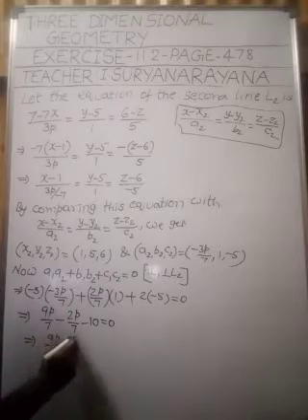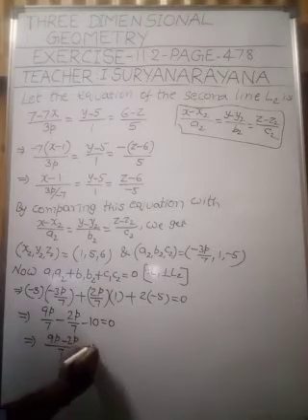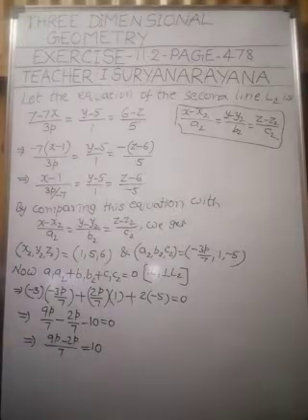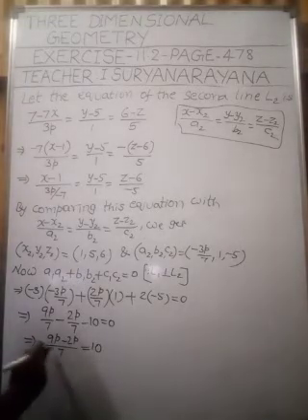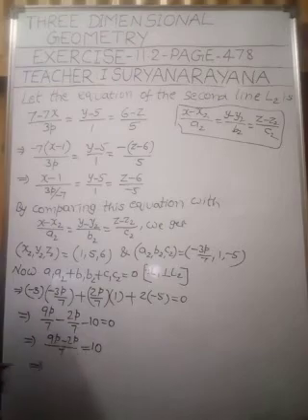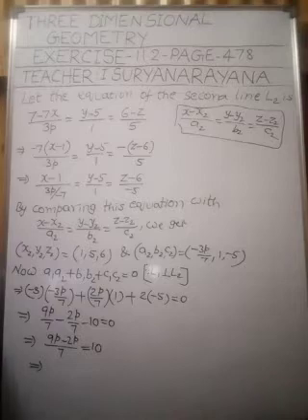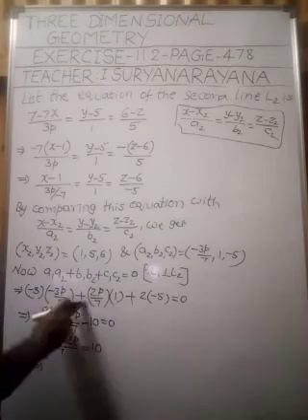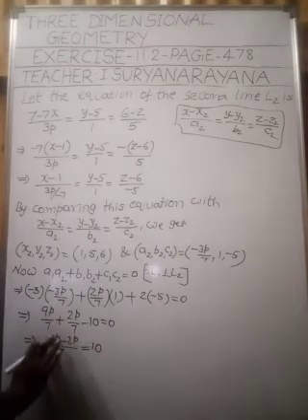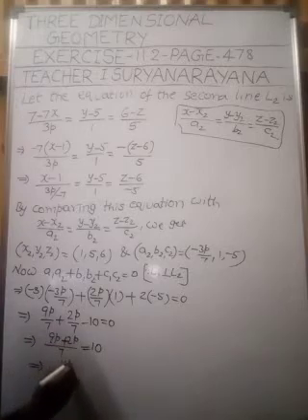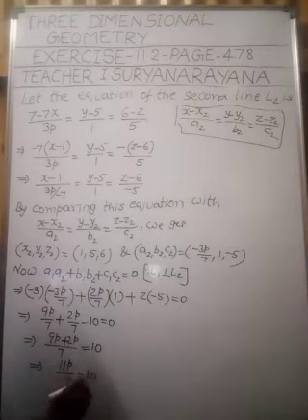I am sending the minus 10 term to the RHS. Then we get 9p plus 2p, so 11p by 7 is equal to 10.